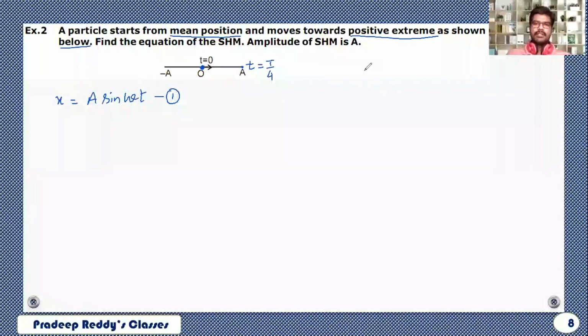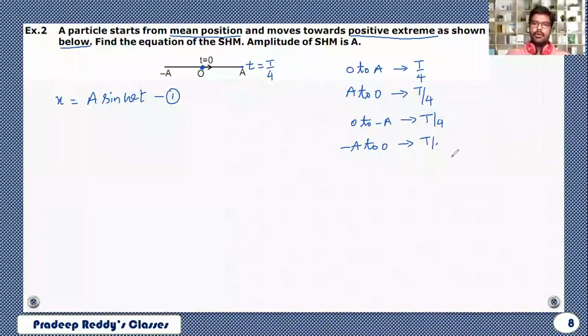The first motion of the body will be from O to A in time T by 4, again from A to O in time T by 4, O to minus A in time T by 4, and minus A to O in time T by 4. Overall, this makes one time period capital T. So the time period of the oscillation, I can write as capital T. For every quarter of the time period, the particle will be moving between mean position and extreme position.